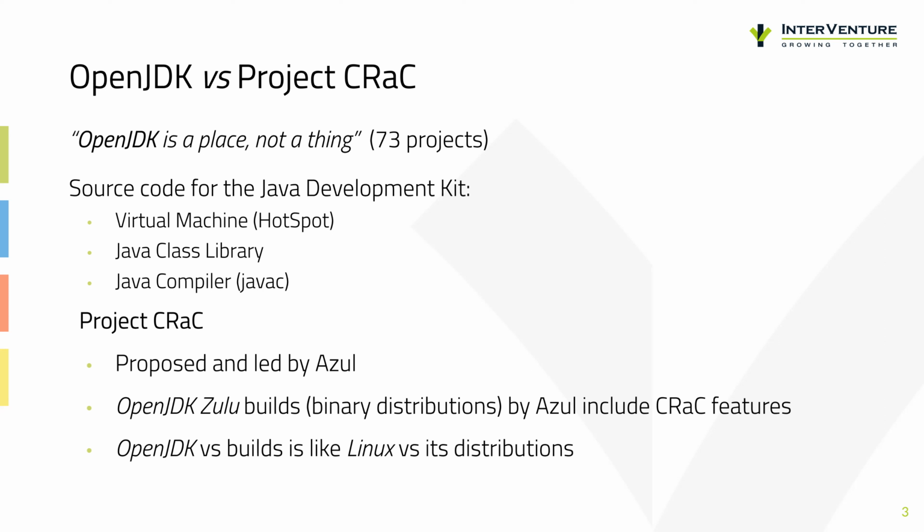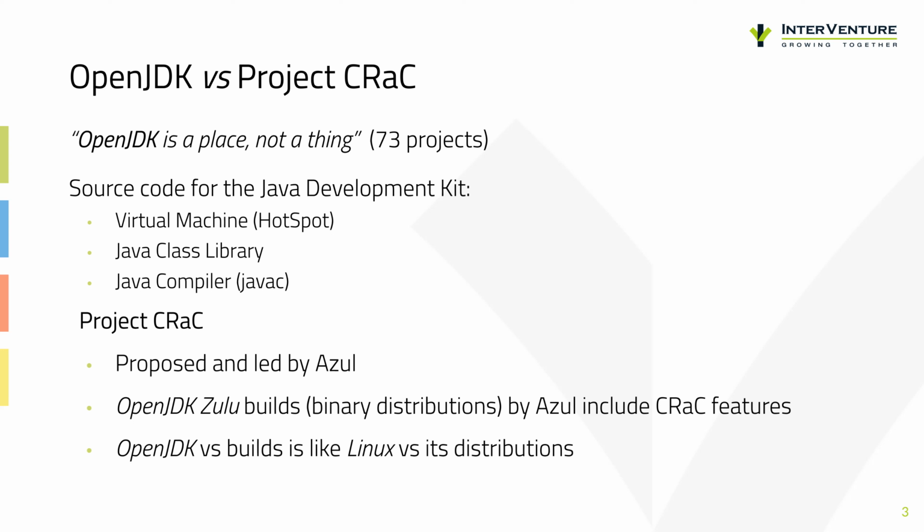Project CRaC, on the other hand, is just one of the 73 projects that the OpenJDK is home for. It's an open source project that's proposed and led by Azul Systems, which also provides OpenJDK builds. The most famous is the Zulu build, and versions JDK 17 and JDK 21 of Azul Zulu builds contain CRaC features.